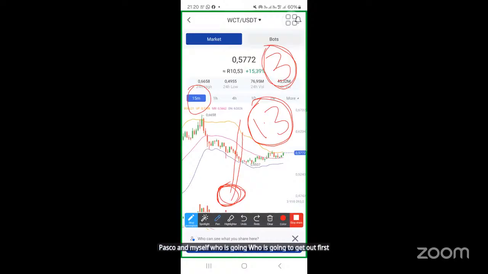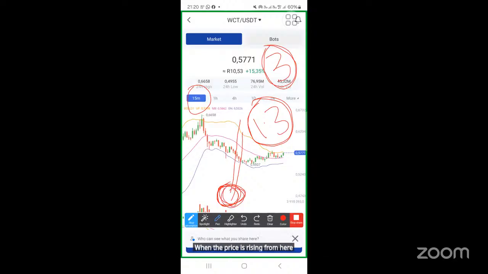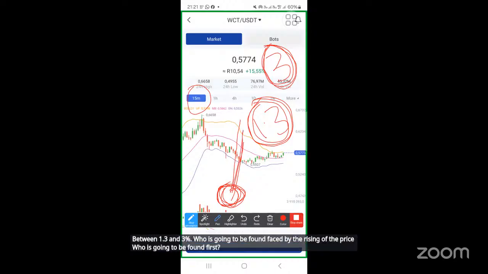Or let me ask this question this way. When the price is rising from here, it's going to first get who? Between 1.3 and 3%, who is going to be found first by the rising of the price?